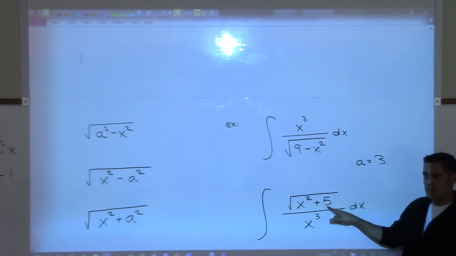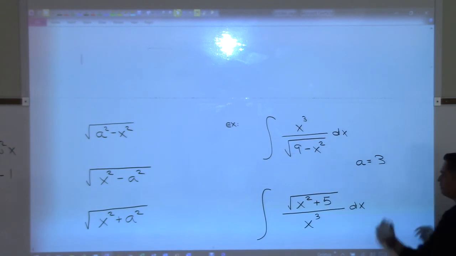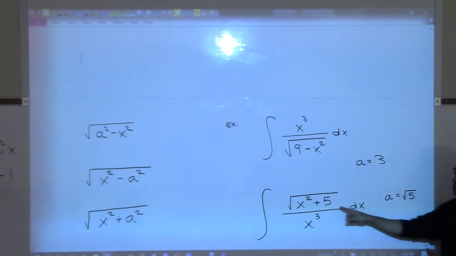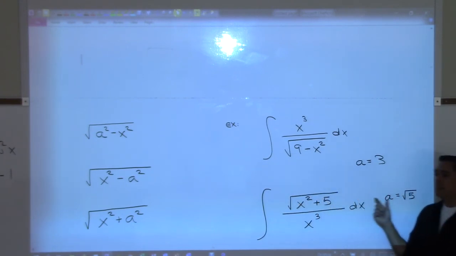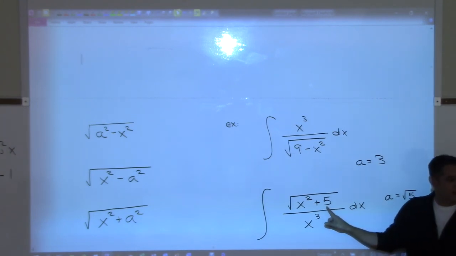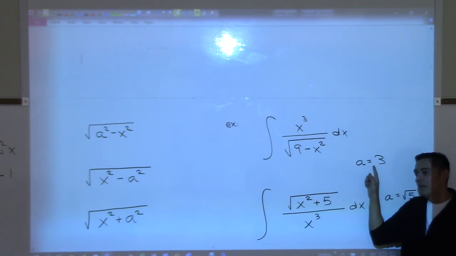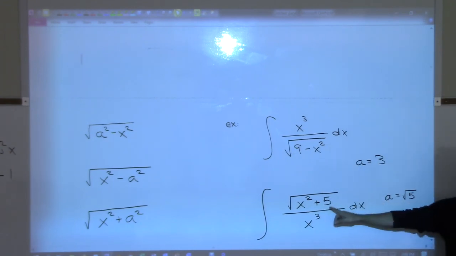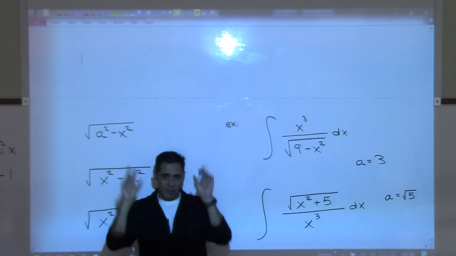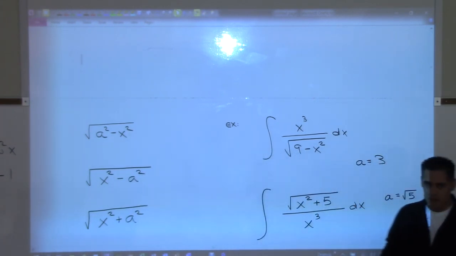Well, is 5 something squared? No, it would have to be 25. How about the square root of 5? What's the square root of 5 squared? 5. So this is that format with a being root 5. See? You can actually have any number here. It doesn't have to be a perfect square. It's just that a will always be the square root of the number that you see. So this looks a lot like this, and so we would perhaps be using trig sub for this. Got it?